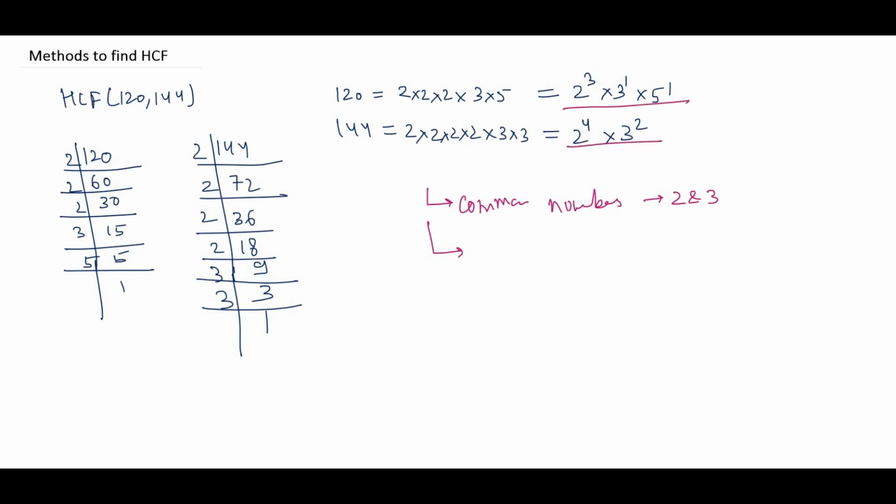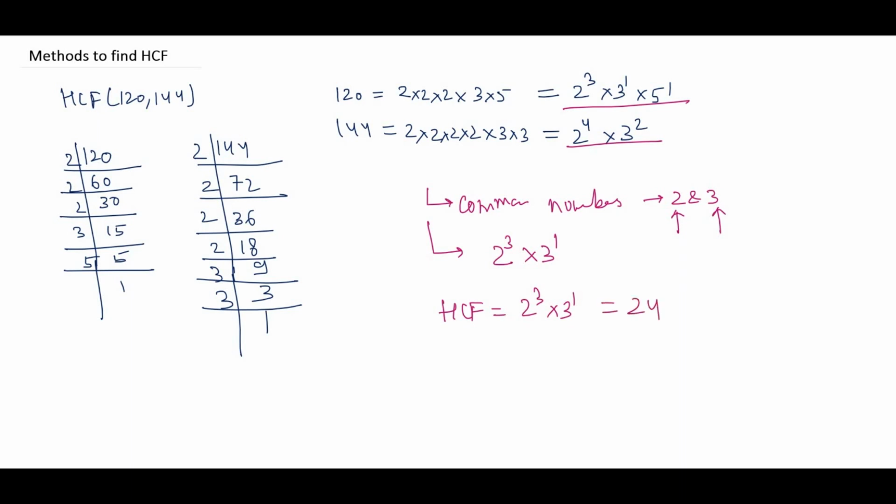For example, the lowest power of 2 from these two is 2 to the power 3, and the lowest power of 3 from these two is 3 to the power 1. So our HCF would be 2 to the power 3 multiplied by 3 to the power 1, that is 24.